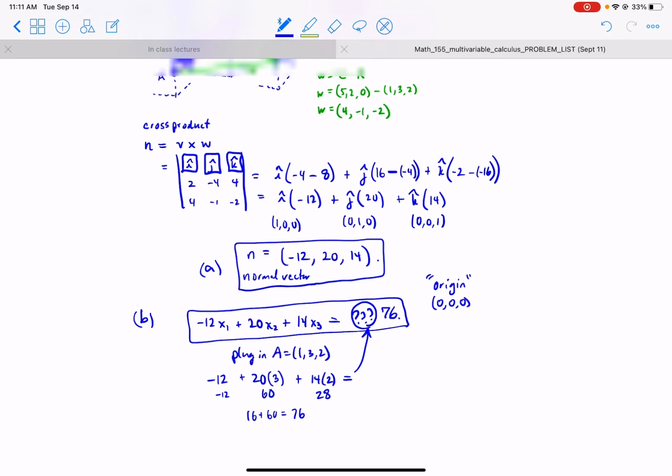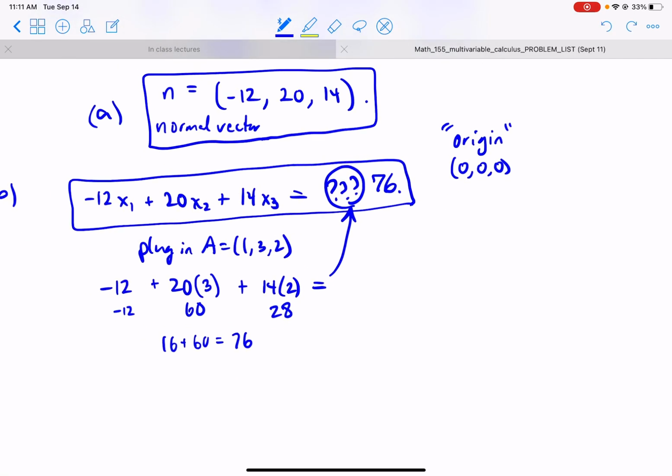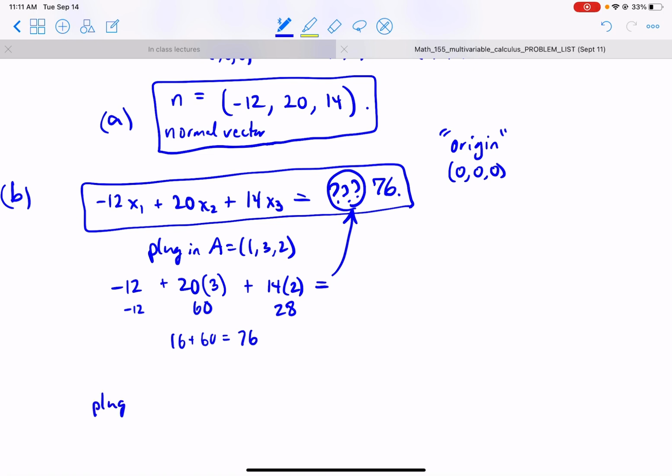And let's just check. If we plug in the point C, 5, 2, 0, just make sure that we didn't make a mistake. It should give 76, right? Otherwise we made some kind of mistake. -12 times 5 plus 20 times 2 plus 14 times 0. Well, that's easy.